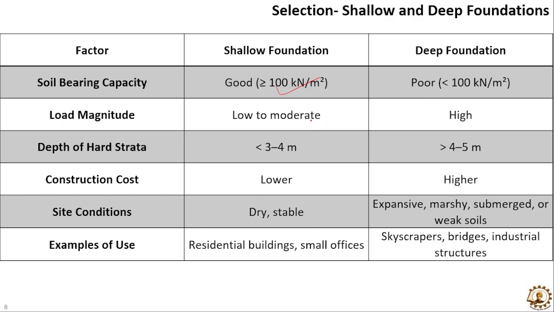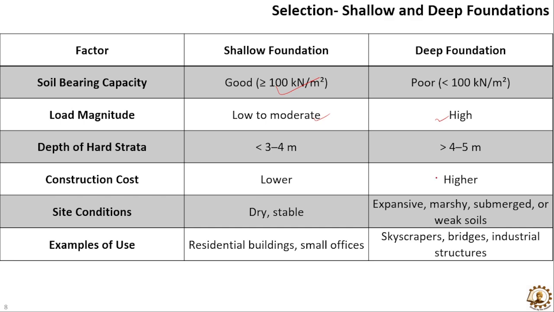If the load is low to moderate, for small residential buildings and small structures, we can use shallow foundation. If the structure is a high-rise building or a bridge, a heavy load structure, we go for deep foundation. If the hard rock stratum is present at 3 to 4 meters, we consider shallow foundation. If the rock stratum is beyond 4 to 5 meters depth, we go for deep foundation.